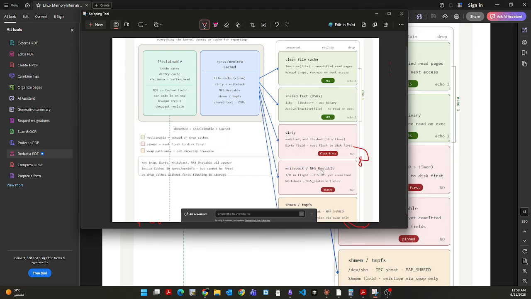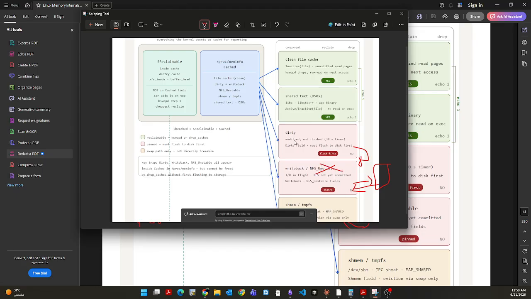If you are writing to NFS, you will see it go from the writeback to NFS unstable, which means it's going over the network, and to make sure it is written to the NFS server, it is going to wait until the NFS acknowledges, then it is going to be removed from the NFS unstable.